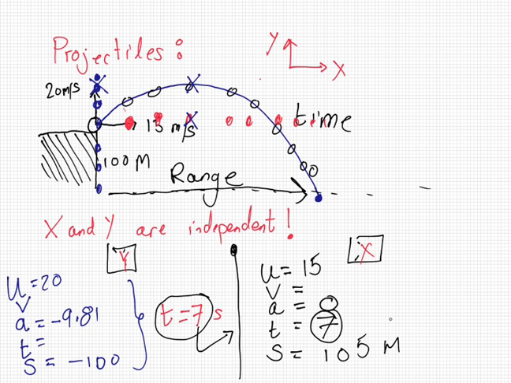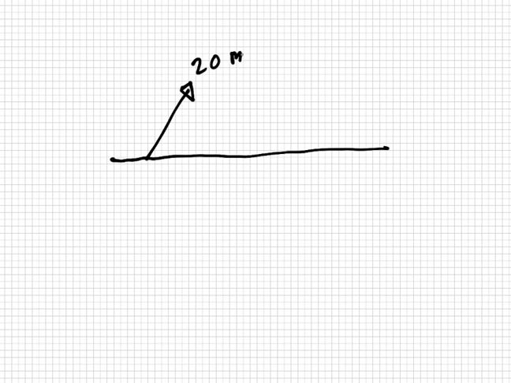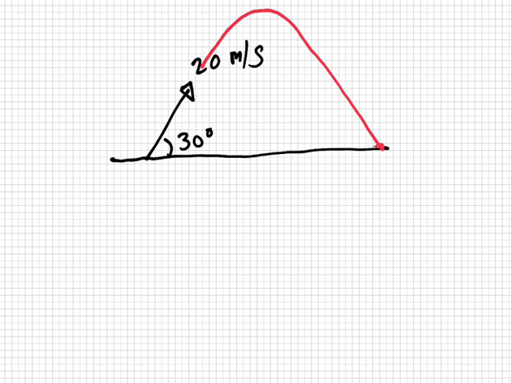All right. So in this case, here, let's say, is 20 meters per second at an angle of 30 degrees. So the ball goes up and then down like that and crash.